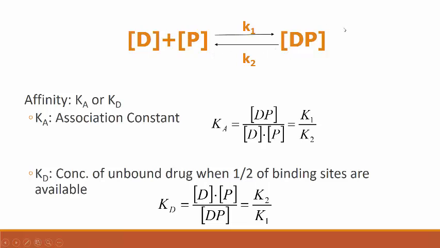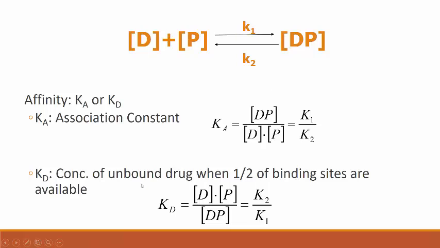It can go both ways. Then if we look at how rapidly this is happening, we have a Ka, or an association constant, which is going to be bound concentration over the product of the two entities. You don't have to worry about this too much, but it's all about that relationship between K1 and K2. The higher the Ka, the higher the association or the affinity of that drug for the protein.